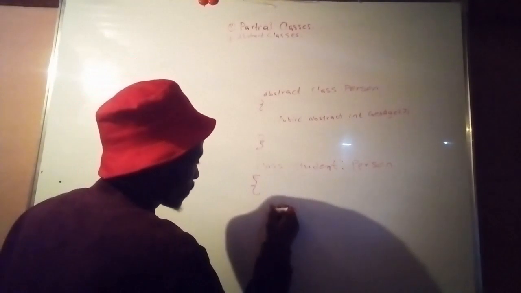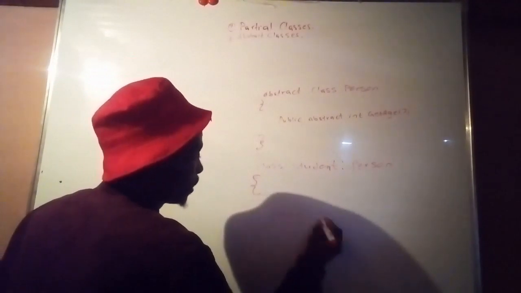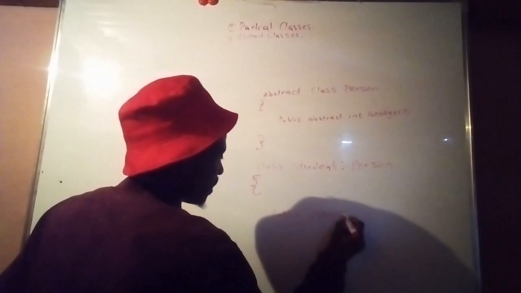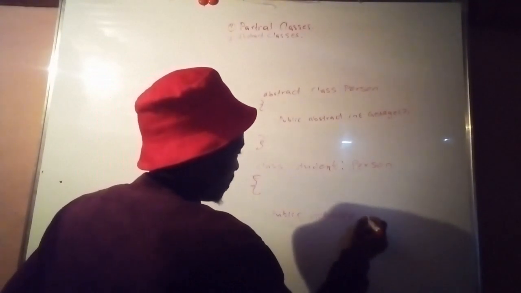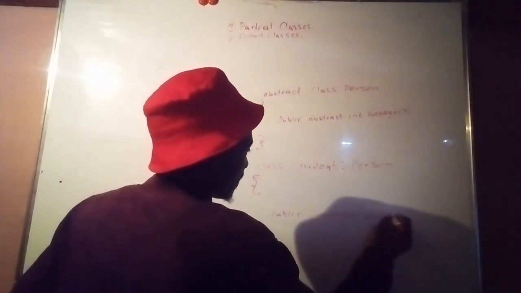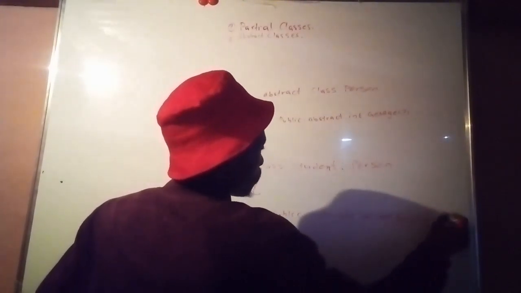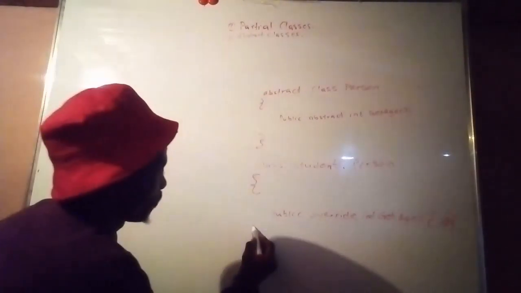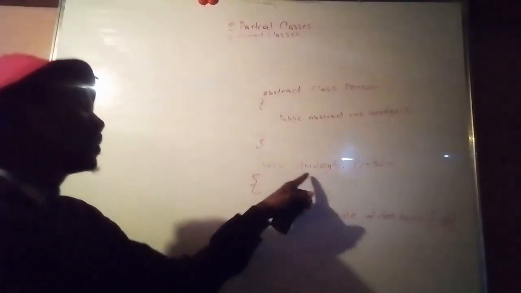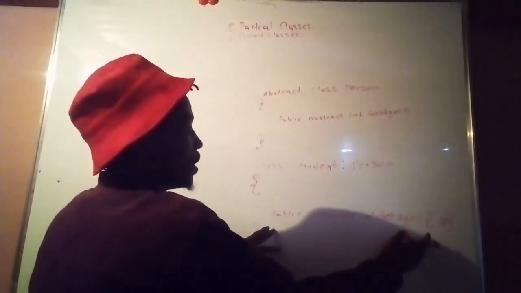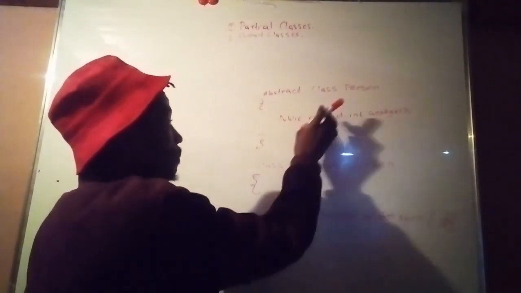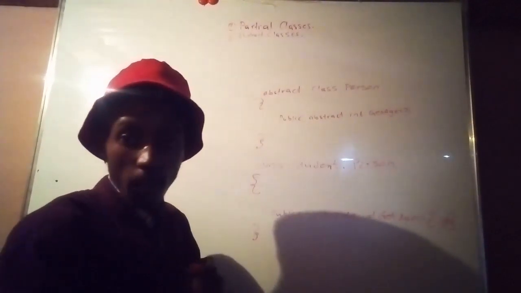So we're going to have something like this within our student: public override int get age. Now we need to provide an implementation, so we're going to have our code there within that class. Now we have an implementation. Now you can create instances of student and make use of the inherited members from the abstract person type.